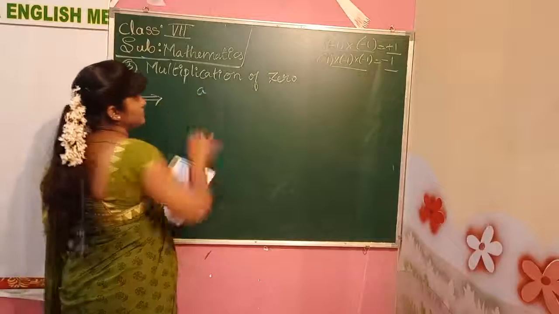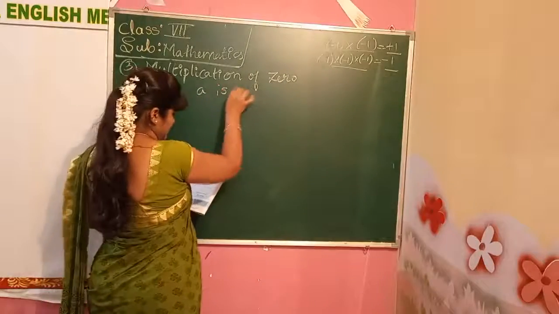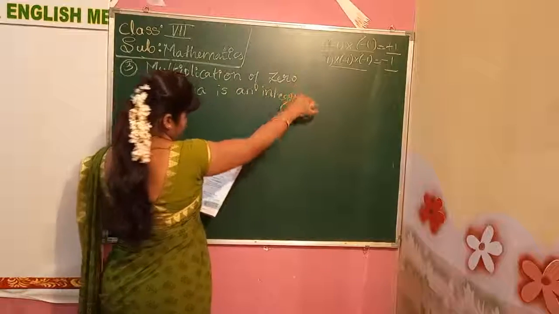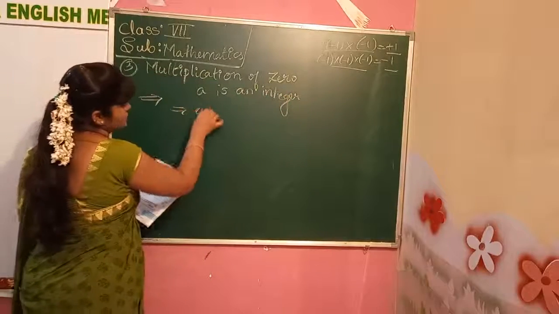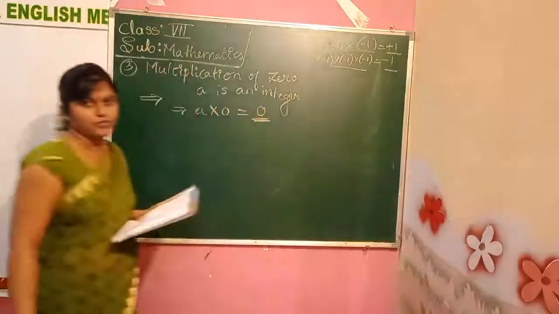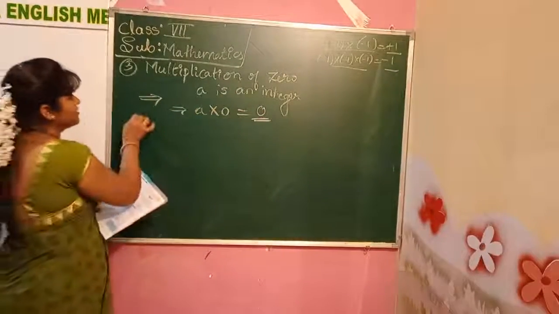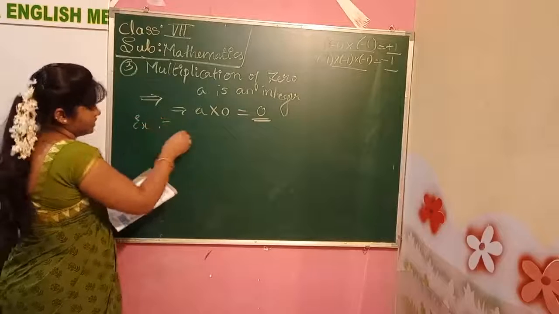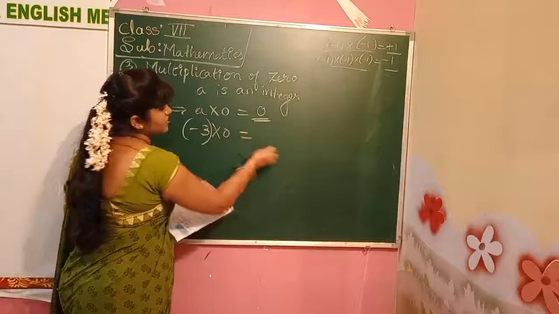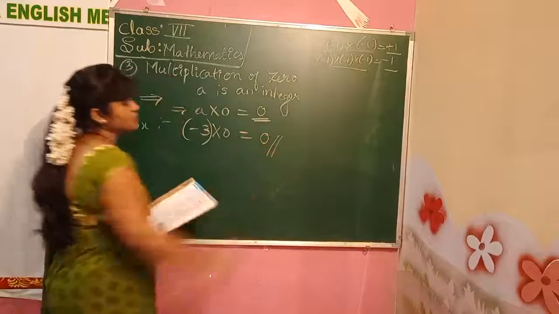Statement for this: a is an integer. When we multiply 0 with that, we get 0 itself. We'll solve one problem for this. Example: minus 3 into 0. We get what? 0 itself.